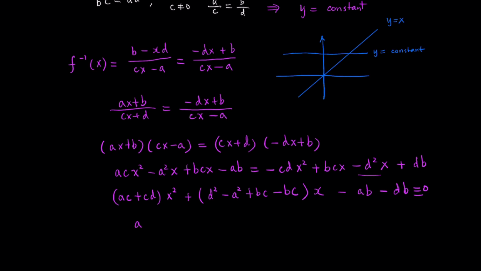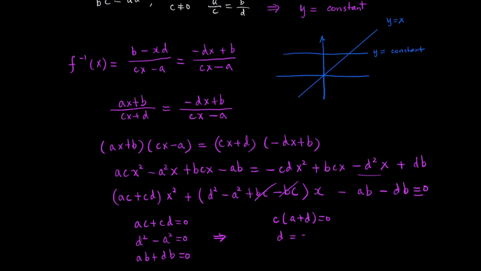This condition here is AC plus CD equal to 0, and here cancels, and D squared minus A squared equal to 0, and then here it says AB plus DB equal to 0. Let's rewrite it, right? So that's going to be C times A plus D equal to 0.